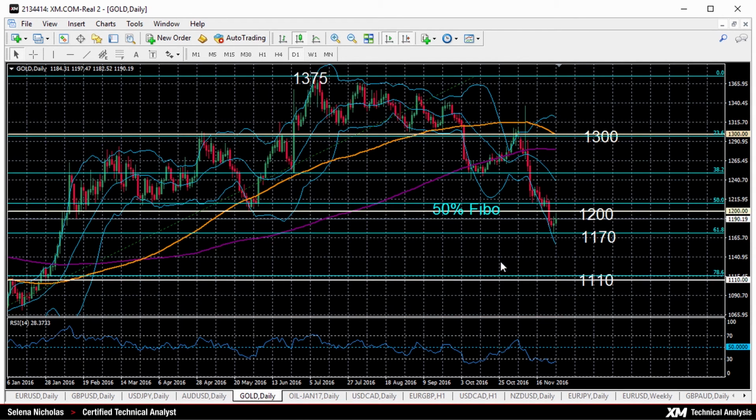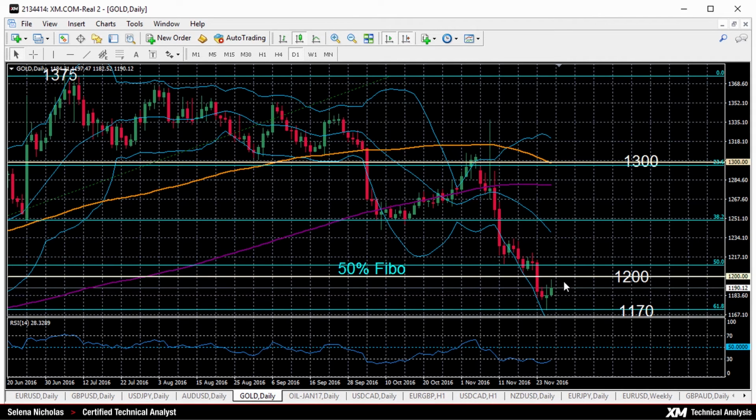Let's take a look at gold. It's consolidating losses after falling below the key 1200 level last week. RSI fell to oversold territory under 30, so we're expecting consolidation or maybe a slight bounce higher, but of course 1200 is now strong resistance to the upside.